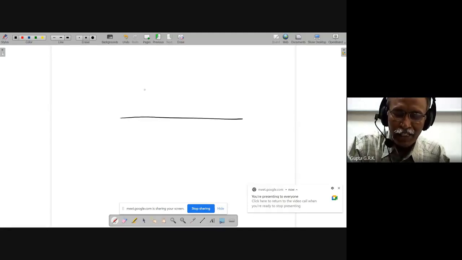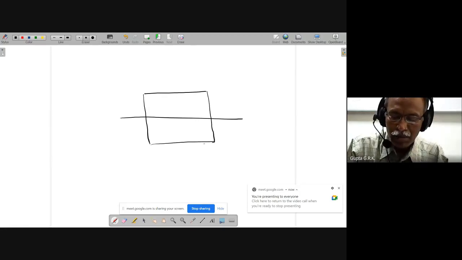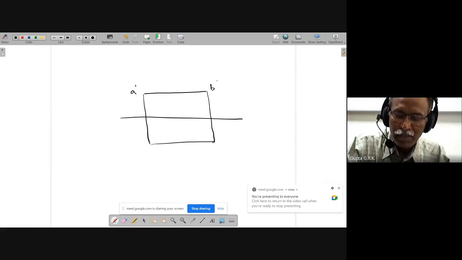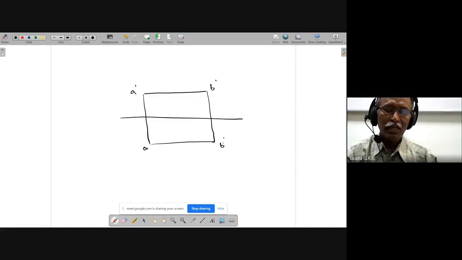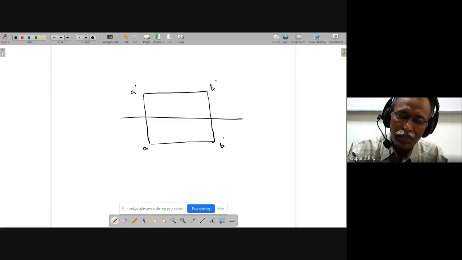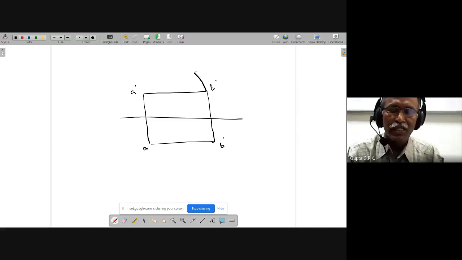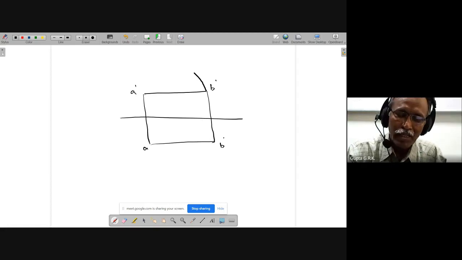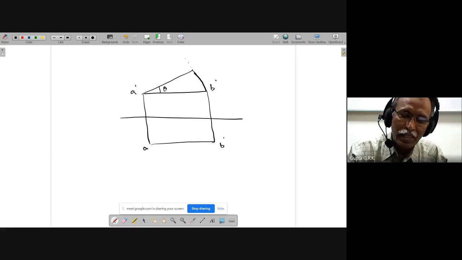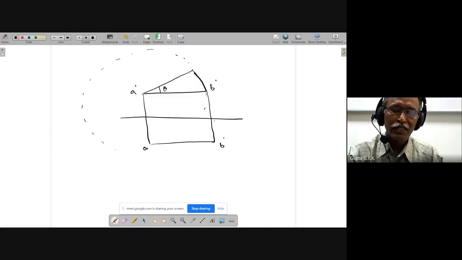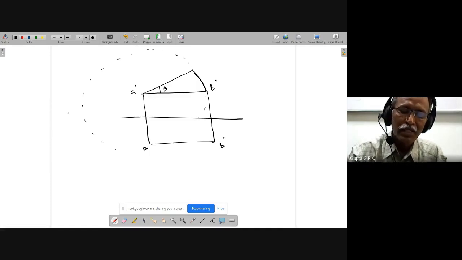Initially, when it is parallel to both the planes, like this, this is A dash, this is B dash, this is A, this is B. Now this is rotated like this with some angle theta, and it can be anything. This is the locus of B dash. As theta is changing, the B dash position may change like this.